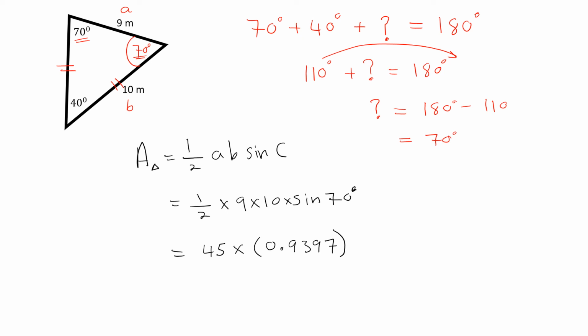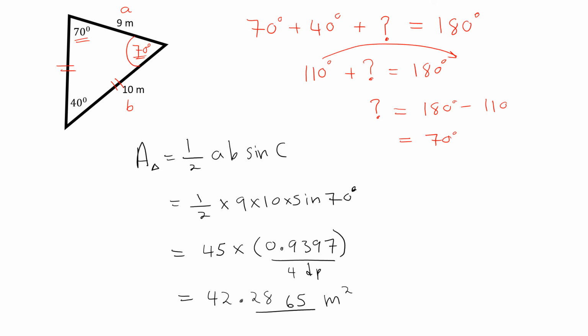So 0.9397 multiplied by 45, according to my calculator, I am getting 42.2865, and that will be meters squared. This value here is a rounded value. That value there was rounded to 4 decimal places. So naturally the answer would also reflect the 4 decimal places.